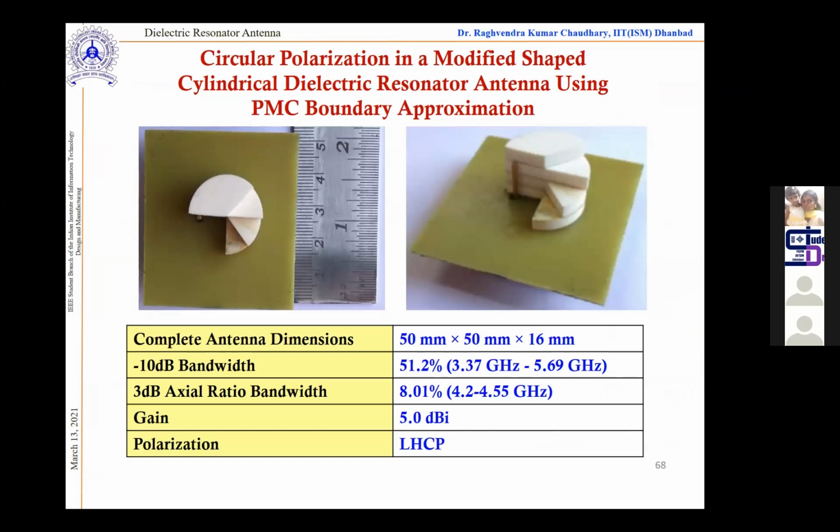Maybe we will get some alteration, but we need to come up with some logical reasoning for why the things are happening. So here we provided a close analysis using perfect magnetic boundary conditions.